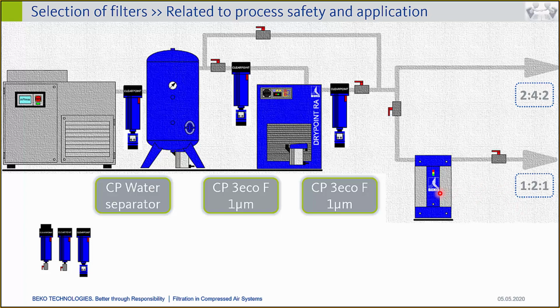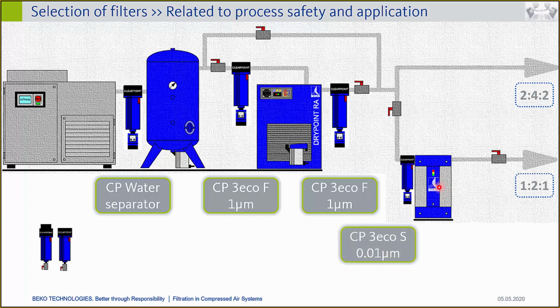So how to start here at the compact desiccant dryer? We would definitely, of course, put in an additional S filtration, a coalescing filter with the 0.01 micron filtration grade. And the required quality class 1 in oil requires an activated carbon cartridge, which can be placed directly after the desiccant dryer.